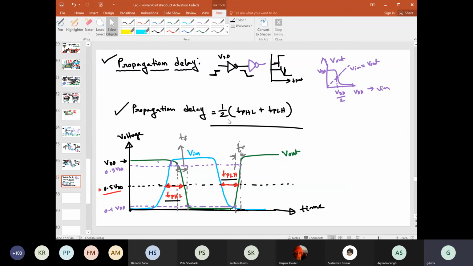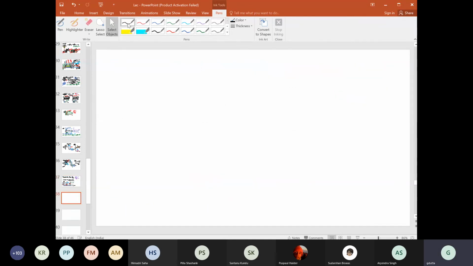This is quite a crude approximation, but it makes sense because we can clearly understand the delay and get an intuitive feeling for how we should approach making the delay lower or higher, depending on the case that we are handling.